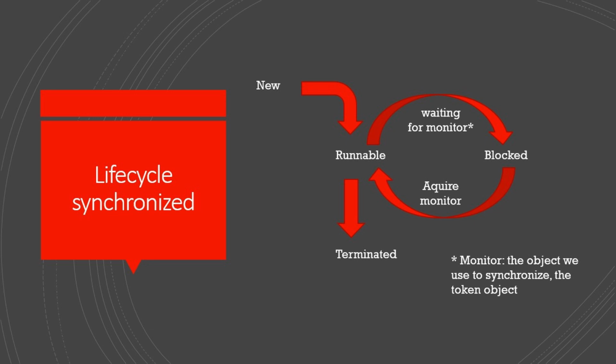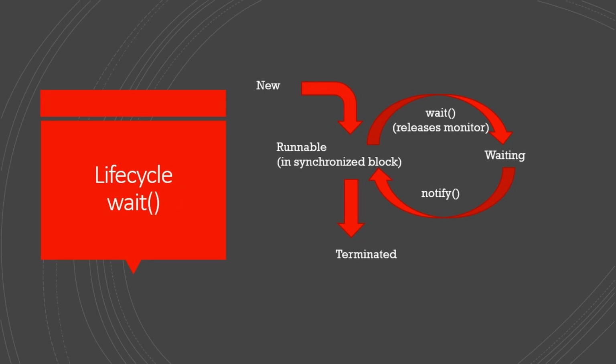Now, the last lifecycle, and that's something we haven't seen in a previous video, but I encourage you to look at this in your own time, namely the wait lifecycle. It's a little bit more involved, but it has the same features as all the previous lifecycles, just a little bit different and uses a few other words.